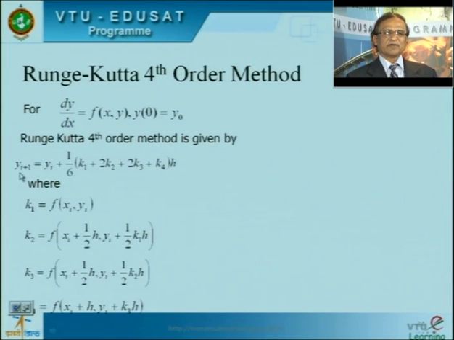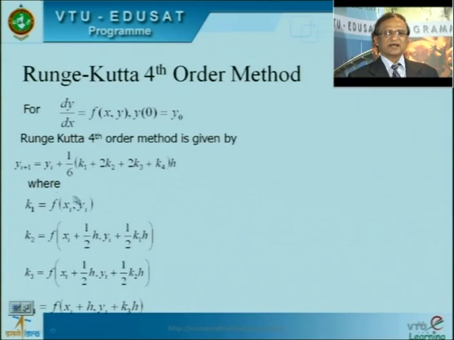If I replace i by 1, I will get y2. So, I can calculate y1, y2, y3, y4, y5 and so on, by replacing i by 0, 1, 2, 3.